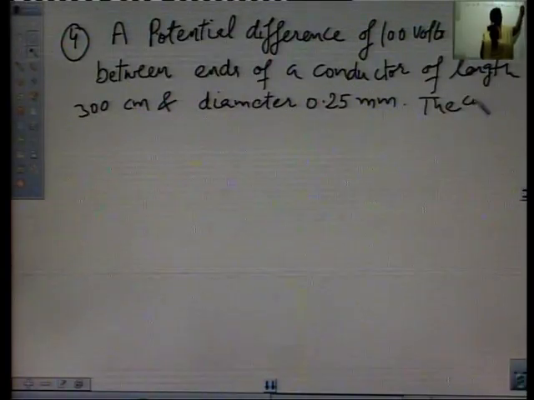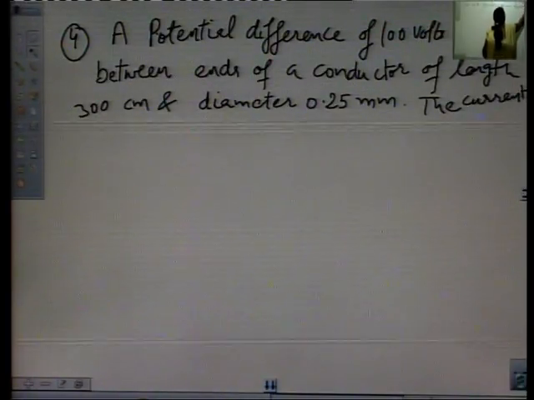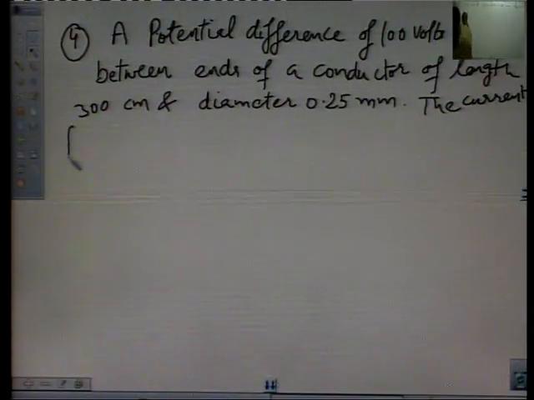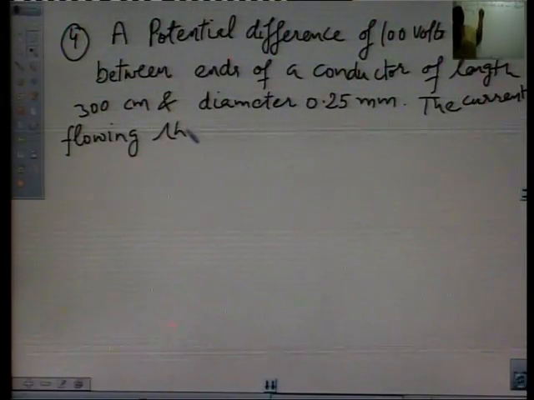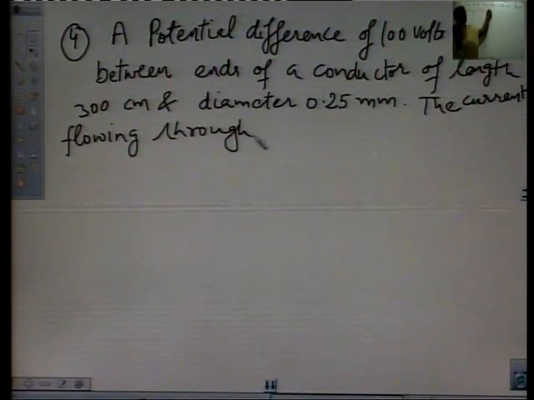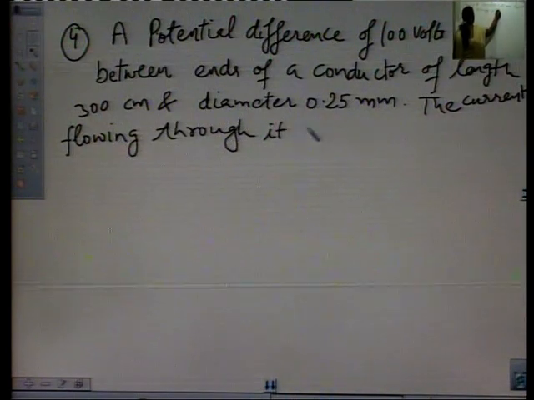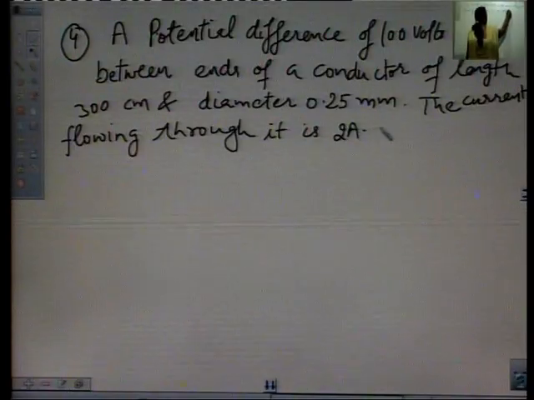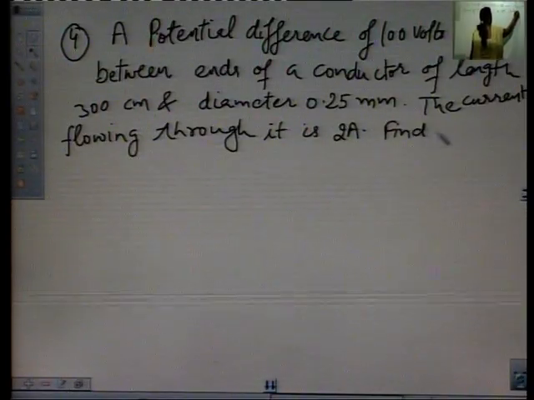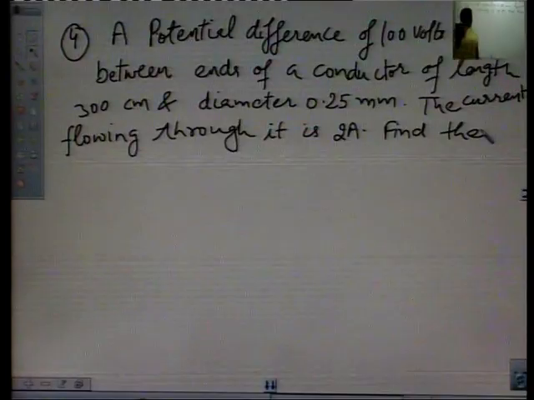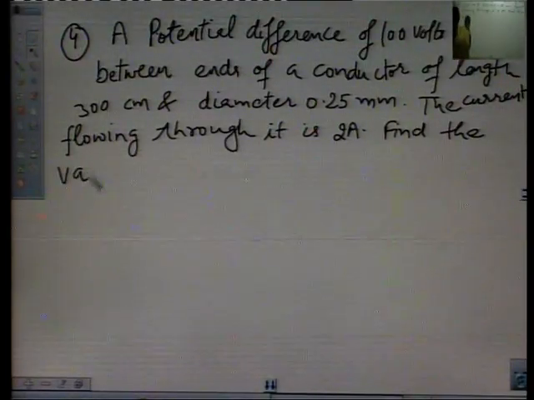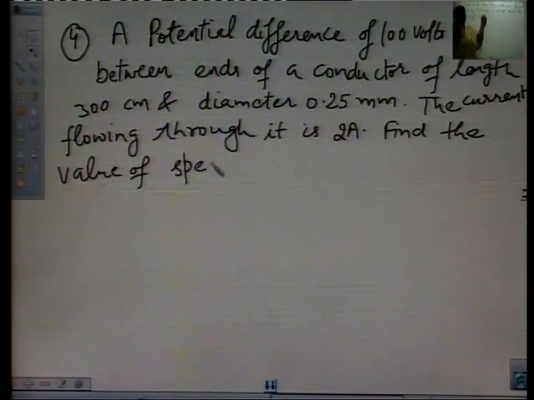The current flowing through it is 2 ampere. Find the value of specific resistance.